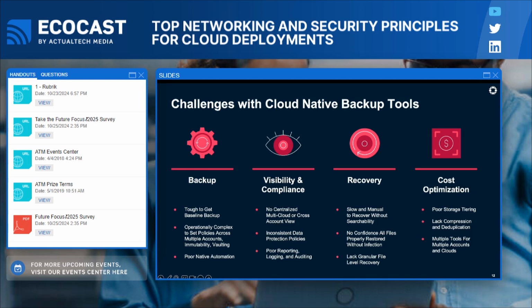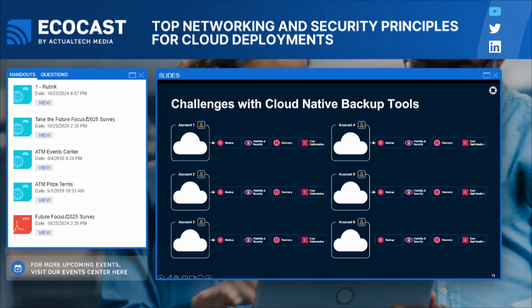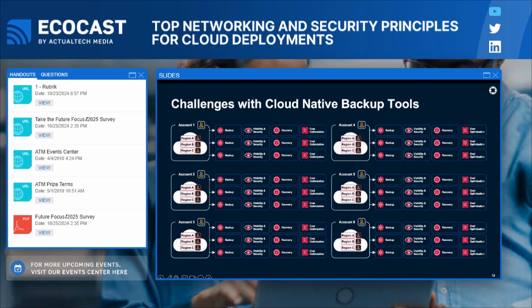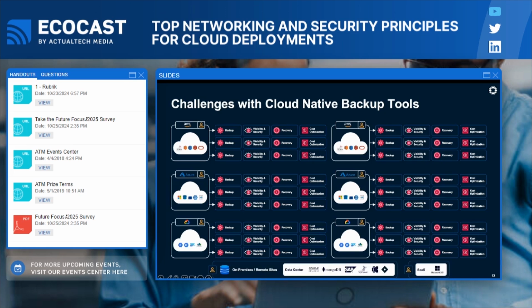These all play into a higher cost and a higher TCO at the end of the day. If you multiply this with multiple accounts across multiple clouds, that problem gets worse and worse, especially if you also need to think about a hybrid environment and SaaS solutions at the same time.